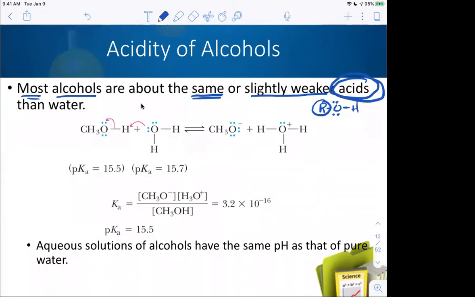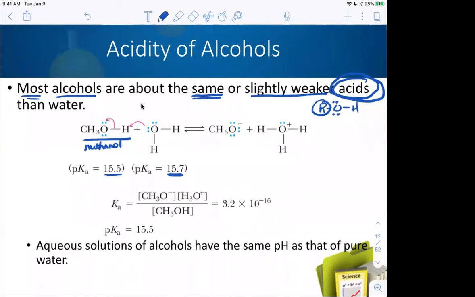So here, if I look at methanol, I have a pKa of 15.5. The pKa of water is 15.7. So that is just a little bit higher, so water is going to be a little weaker.